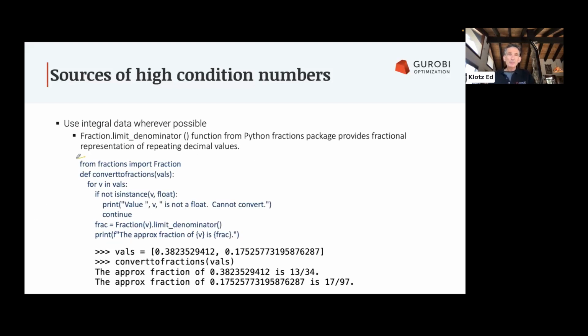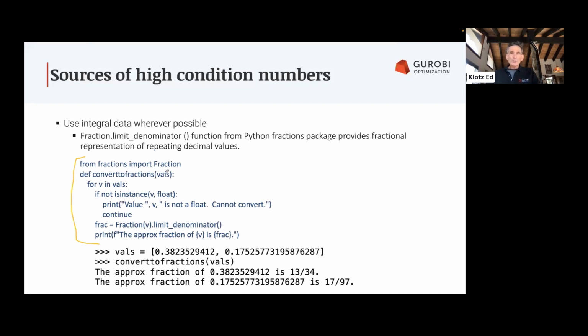So here's a simple function that is available in the ill conditioning explainer package. You can just call it there, but I'm showing the code here in case you want to use it yourself for other tasks.